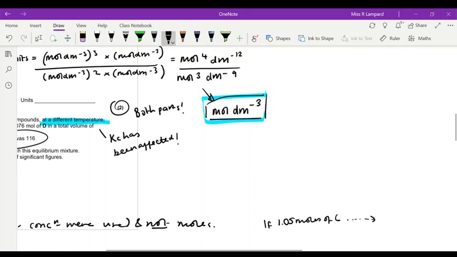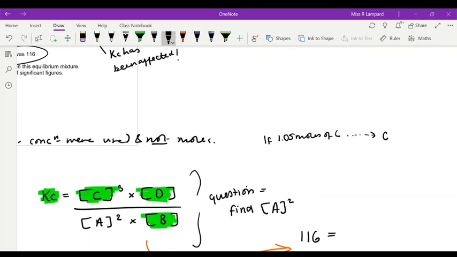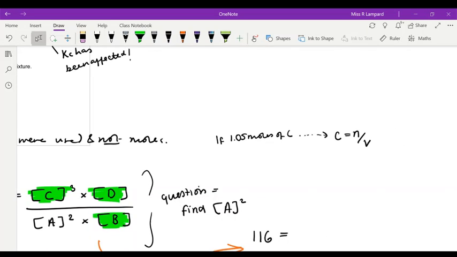We could say that the concentration is equal to the number of moles divided by the volume if we are putting the volume into decimeter cubed. So that would give us 1.05 divided by 0.5, because 500 centimeters cubed is equal to 0.5 decimeters cubed.